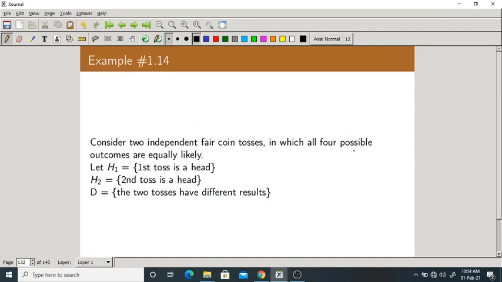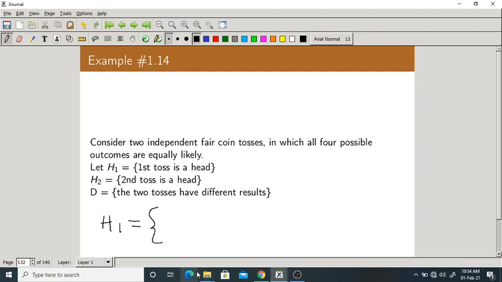Okay, so you try to solve this problem. We are tossing two fair coins. H1 is an event which indicates the first toss is a head. H2 is the second toss is a head. D is the two tosses have different results.